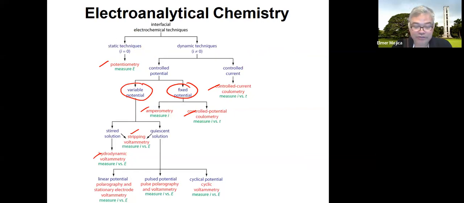But an old book might focus on polarography. So why do you think it's not applicable anymore? Anyone? Why do you think polarography is not common anymore?